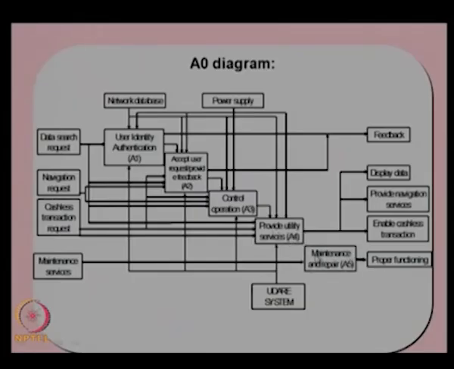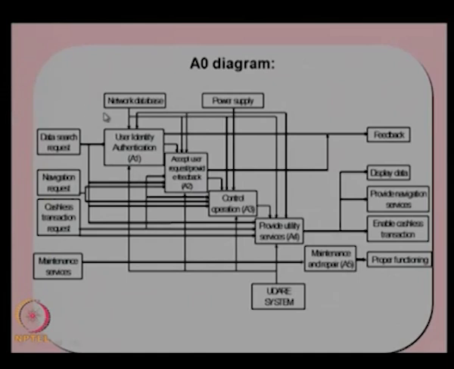And of course, maintenance and repair will be an additional function, which will have the output from all these functions about the malfunctioning of any of these system data. This will be sent to the maintenance and repair function, and any output regarding the functioning of the system will be provided, and this will be given as feedback to other systems also, so that any malfunctioning of the system can be easily recorded as well as given as an output to the user.